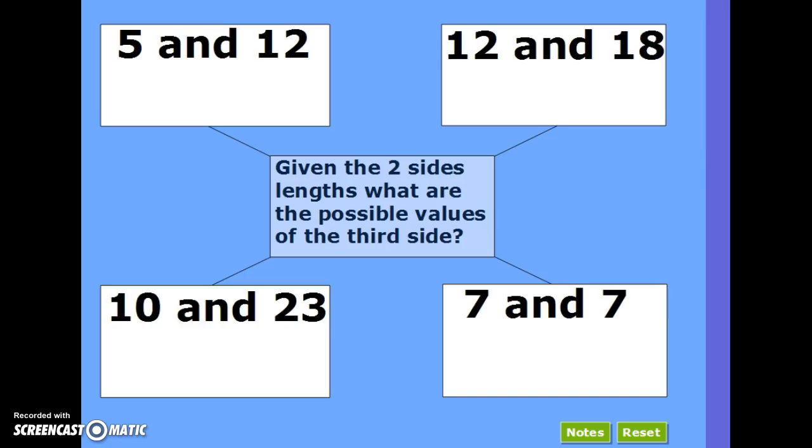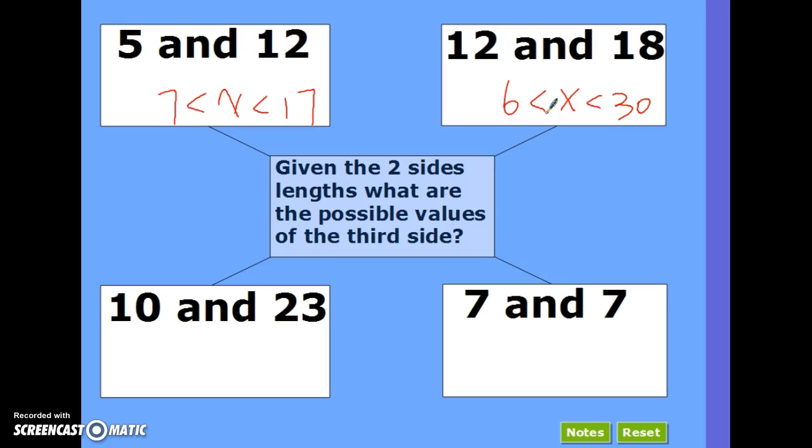Okay, and you can try these 4 questions on your own first and then check the answer. The first one, the two sides are 5 and 12. So the possible third side could be between 7 and 17. And then second one, the two sides are 12 and 18. So if you're adding them together, the largest possible third side could be 30, and then the smallest possible number is 6.